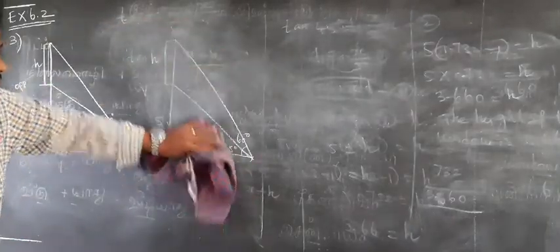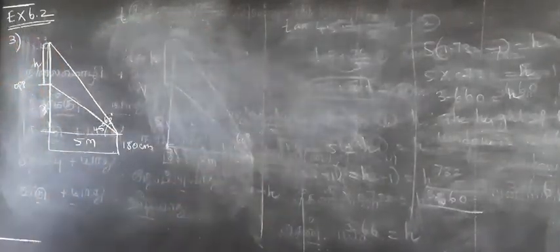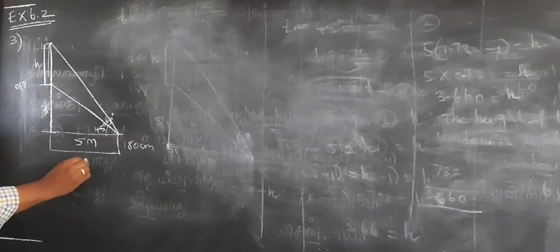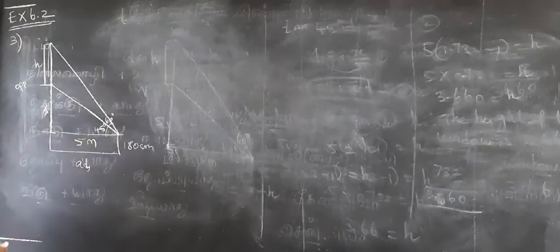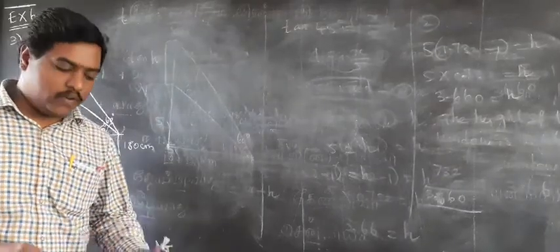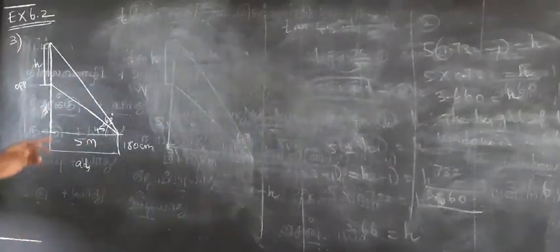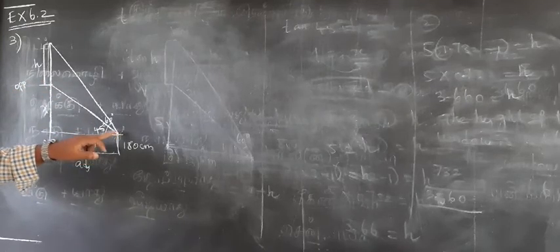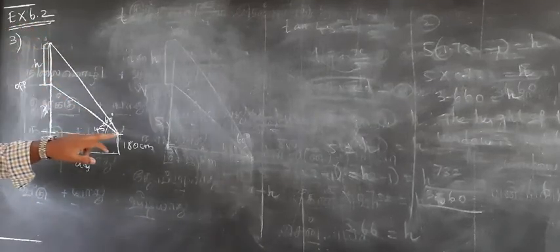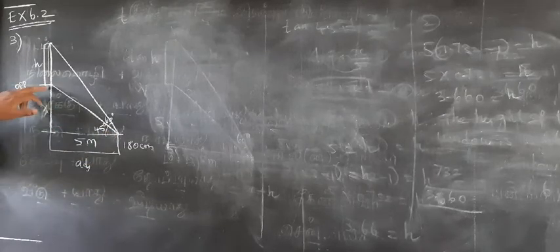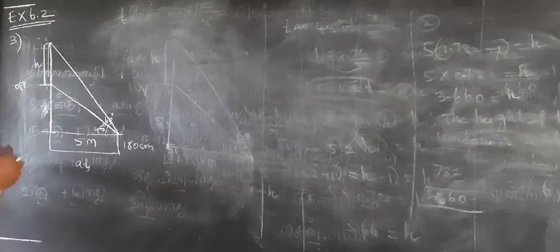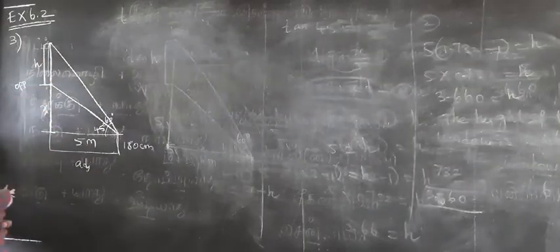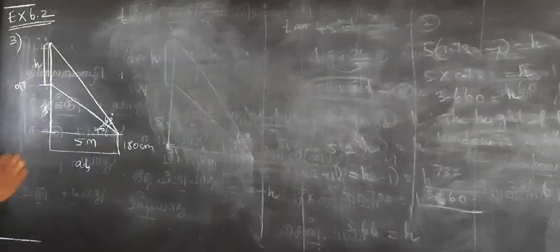Right? So here, what is the opposite side? This is the opposite side, this is the adjacent side. For all the sums we are dealing with tan theta only. So this is the window, the man is standing here and sees the top of the window, and from the same place sees the bottom of the window. So the height of the window I take as h, and the remaining part I take as x, because they didn't give the height.